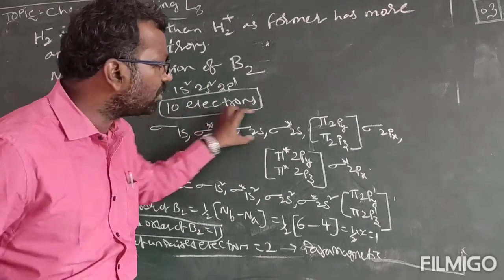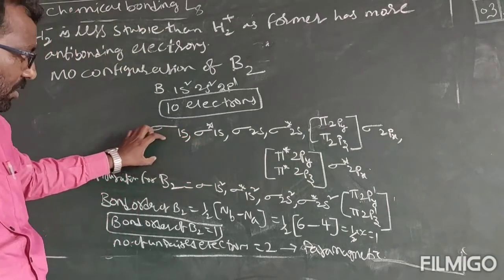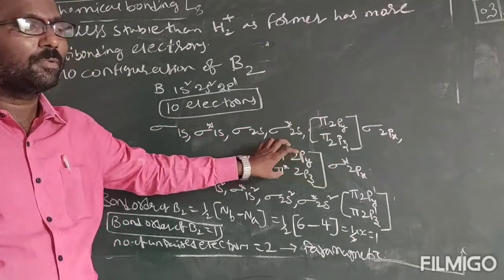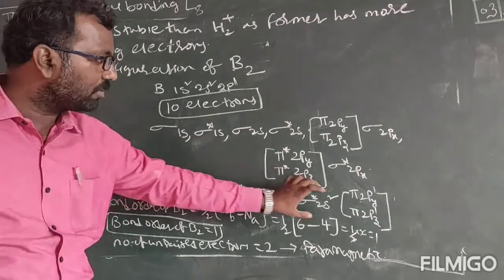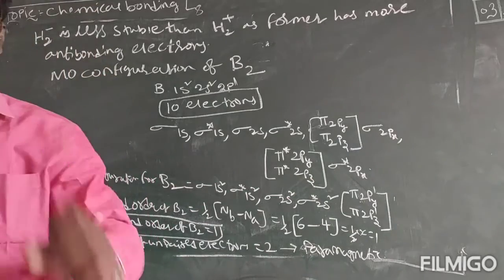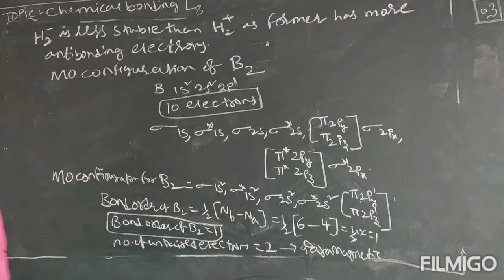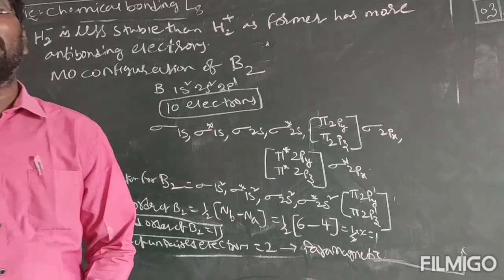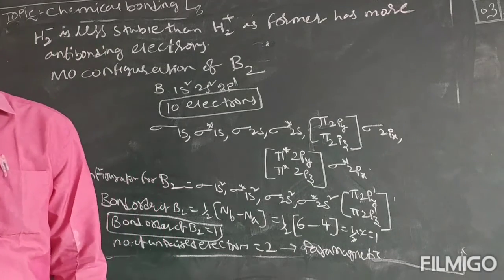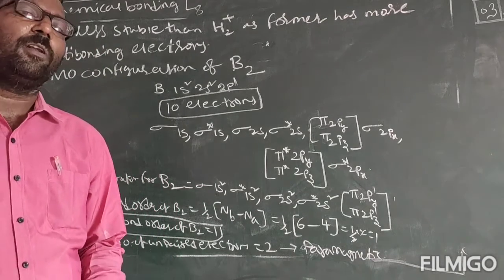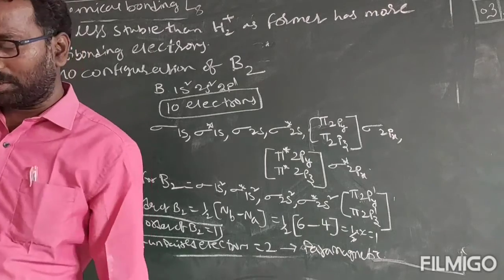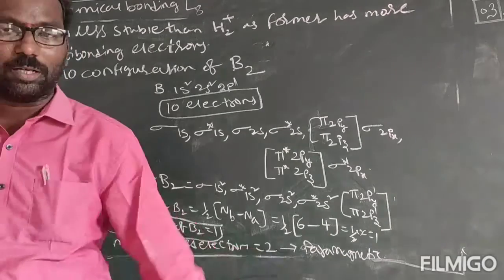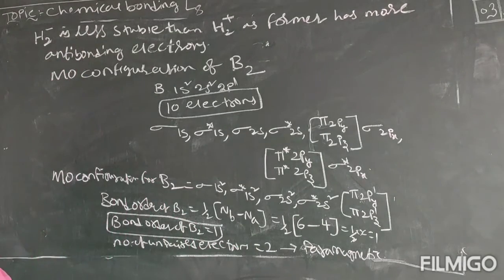The 10 you have to distribute according to this order, following the above principles, Hund's principle and Pauli's exclusion principle. To know whether it is diamagnetic or paramagnetic, we follow the number of unpaired electrons. If the number of unpaired electrons is 0, it is diamagnetic. If it is 1 or 2, then it is paramagnetic.